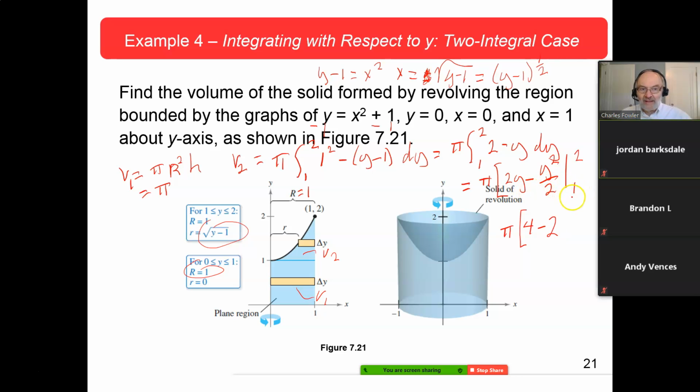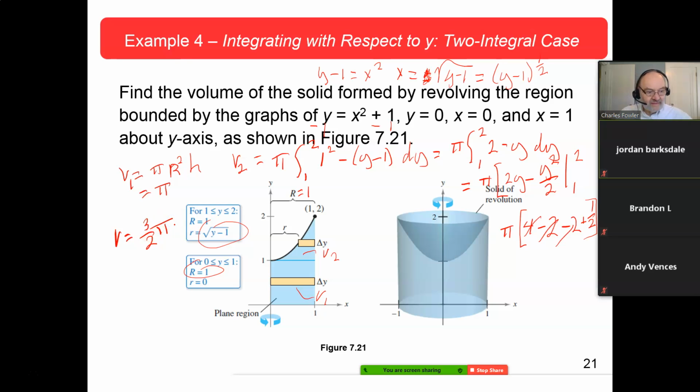Now plug in the 1, but you're subtracting, so that's going to be a minus 2, because 2 times 1 is that. But then minus a minus is going to be a plus 1/2. Now, 4 minus 2 minus 2 is just 0, and you have 1/2 pi left over. So V2 is half a pi, V1 is a full pi, so your total volume is going to be 3/2 pi.